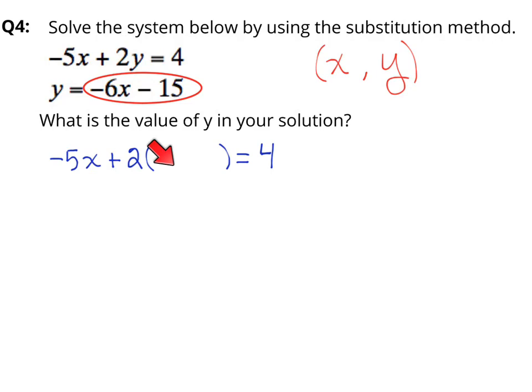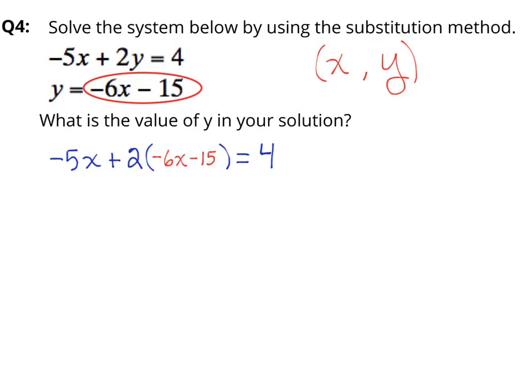Well, when you solve equations, you don't want to have two variables to solve for. You want to have just one. And if I write negative 6x minus 15 right here, notice that now the only variable I have is x. I see x right there, I see x right here. So now I can actually solve this equation and I'm going to get the value of x, and I'm still not going to be done. So let's solve for x.